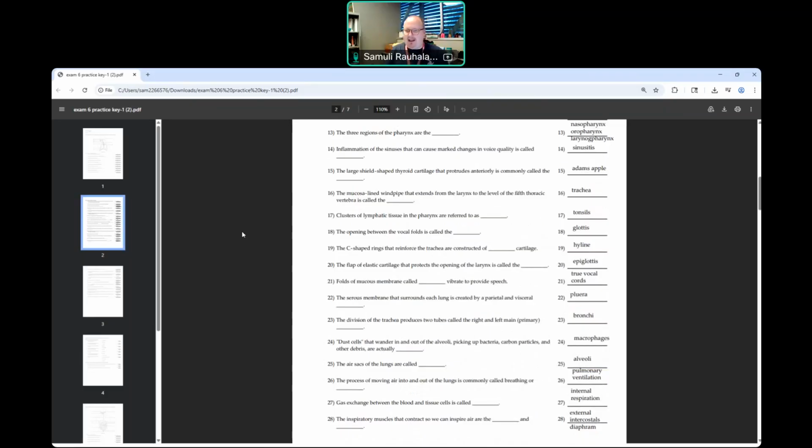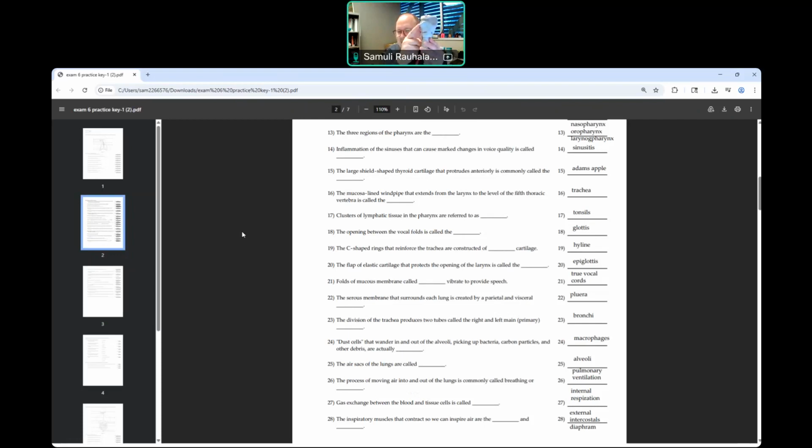Let's look at the larynx next. And here we have a nice model of it, with the cartilages being the ones that we mostly studied. The largest of these was the thyroid cartilage, because we have the thyroid gland right here. And on it, we see this protrusion anteriorly.